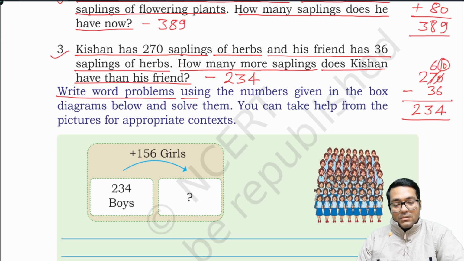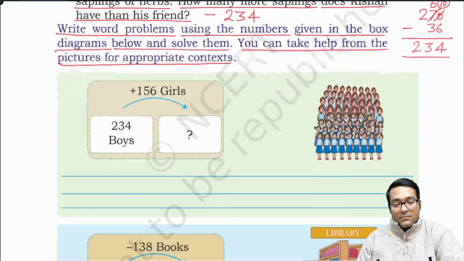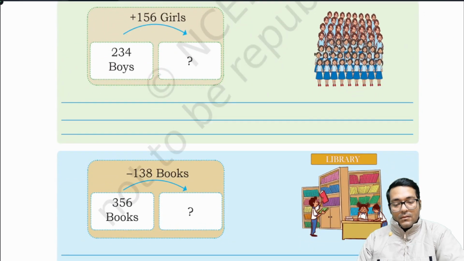Write word problems using the numbers given in the box diagrams below and solve them. You can take help from the pictures for appropriate contexts. 234 boys are already there. Here come 156 girls. Then the total number of students will be... So you have to add 234 to 156.